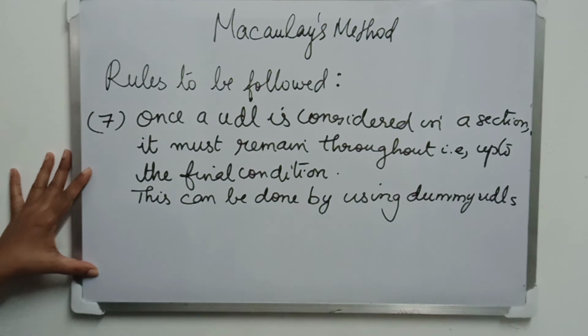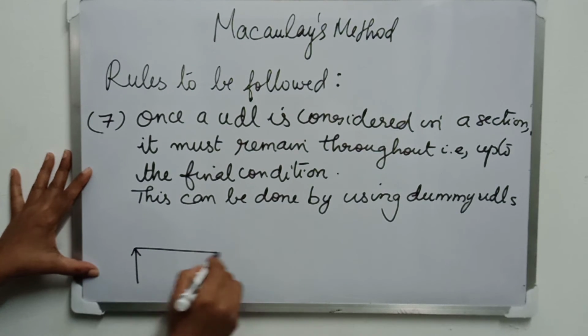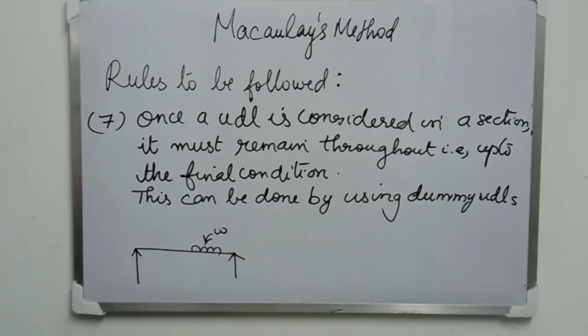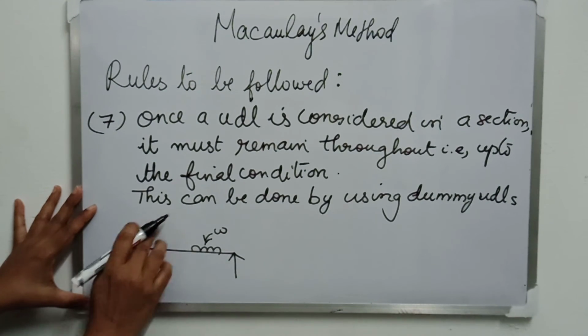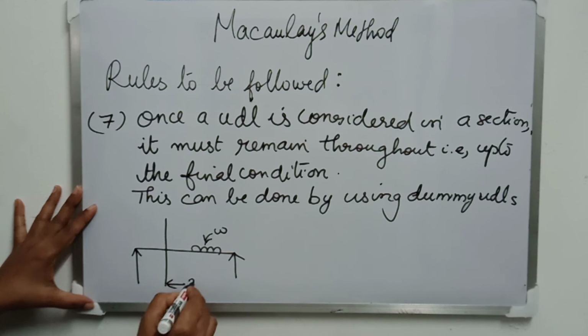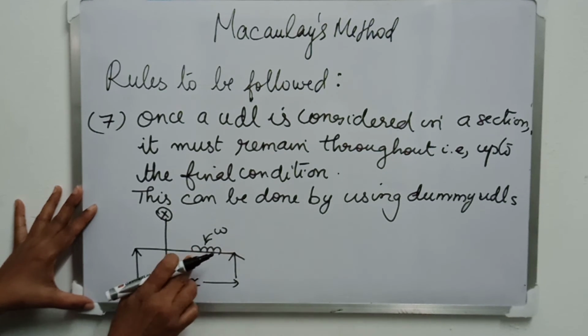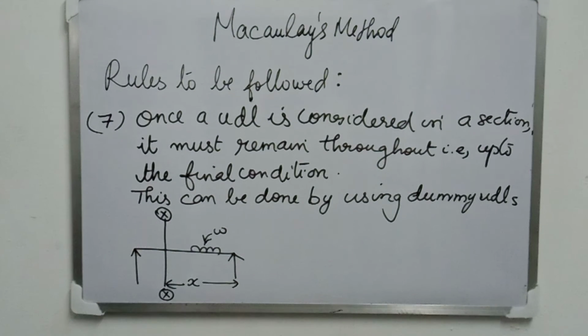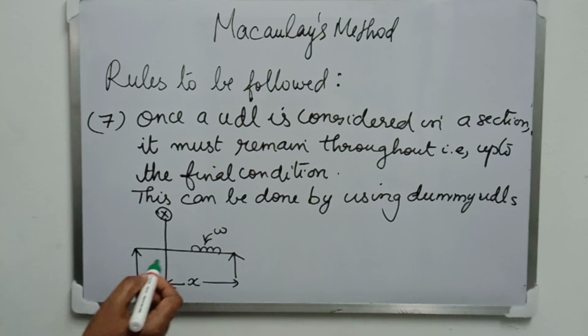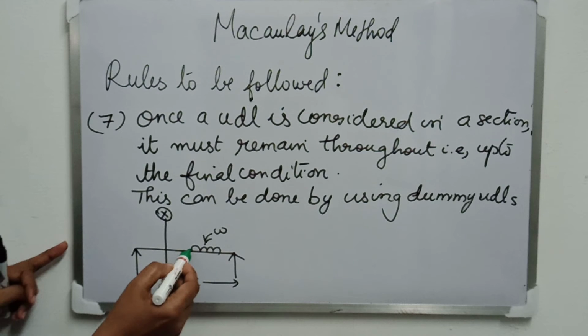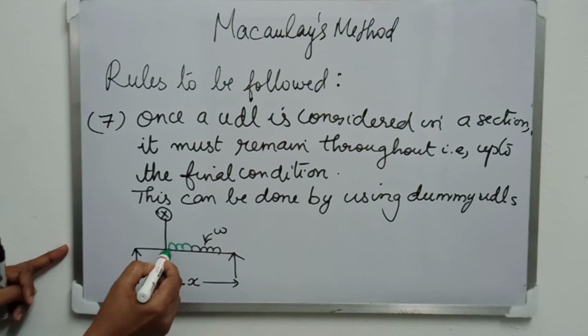To explain this condition, I am taking the example of a simply supported beam with a UDL W on it. Now if I am selecting any section XX at a distance x from one of the supports, the UDL should not break in between in the case of Macaulay's method. So what we do is we need to extend the UDL up to the end of the beam.